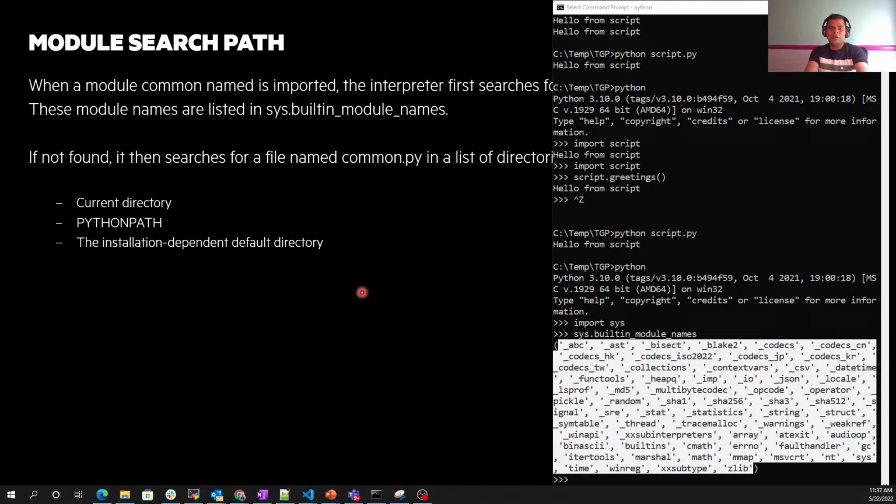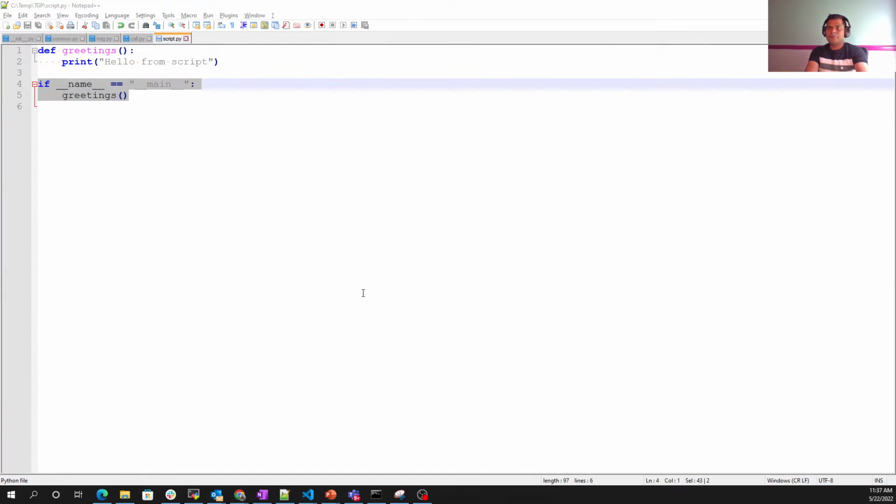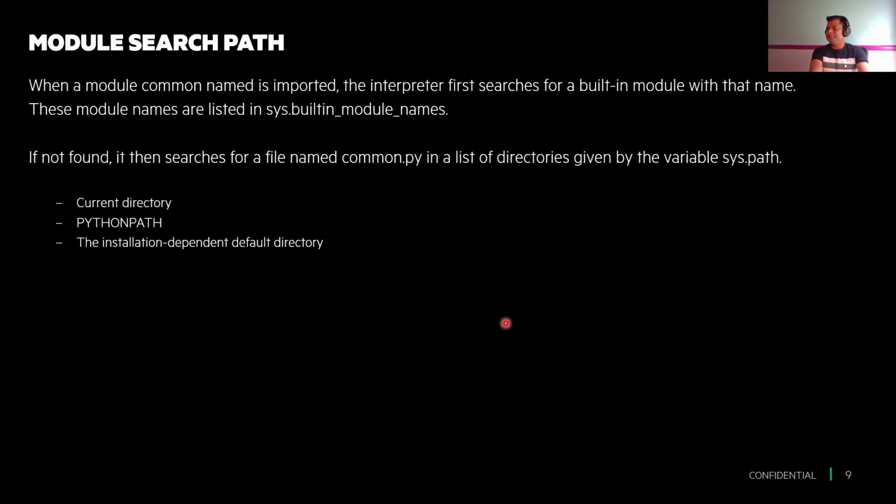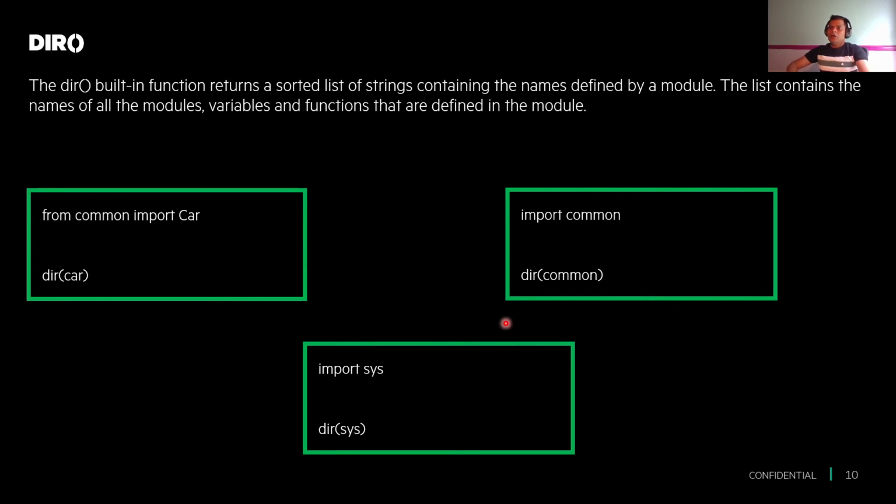Let's go back to our script. Okay, so the next is the dir function. dir is a built-in function, as we have been exploring various built-in functions. What it does is return a sorted list of strings containing the names defined by a module.